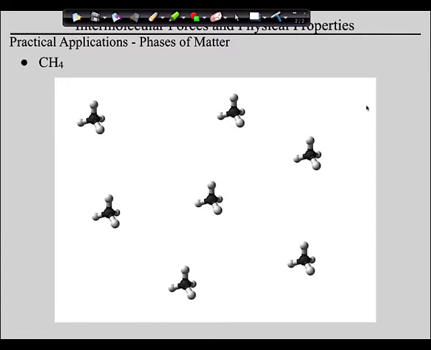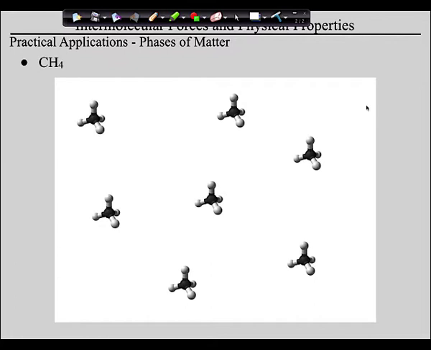Because, guys, natural gas is just a steady stream of CH4. And you've got all these molecules pouring out of this Bunsen burner tap. And what are they doing? They're going, woohoo! And they're spreading out all throughout the room. Why don't they clump together? Because they're nonpolar.